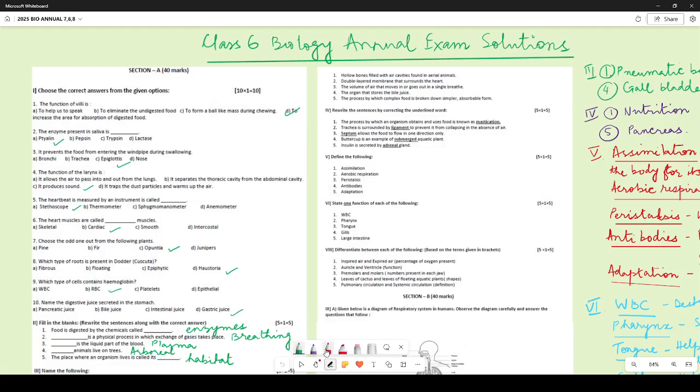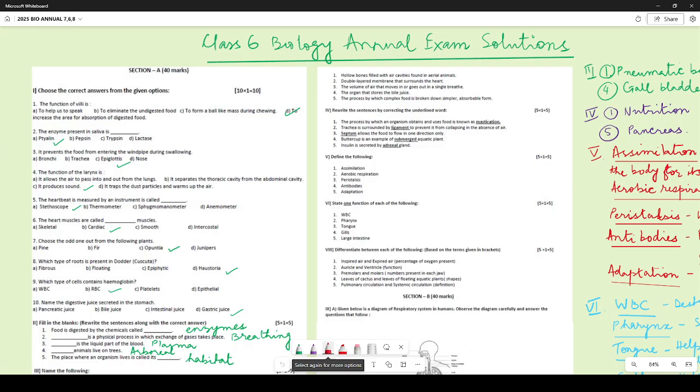So we have MCQs. So the function of villi is, you know where they are found in the intestines. So the function of the villi is to increase the area for absorption of digested food. So option D is correct, right? The enzyme present in saliva is option A, ptyalin.